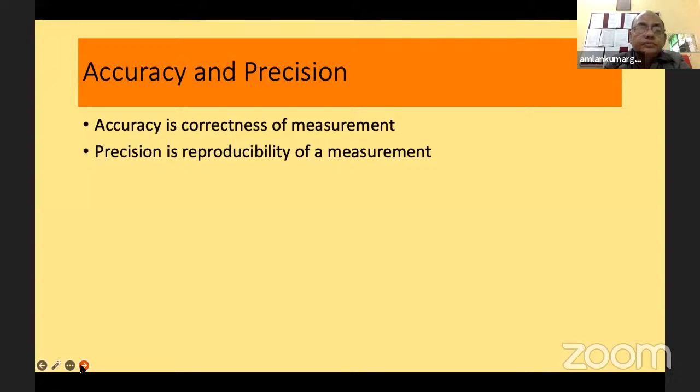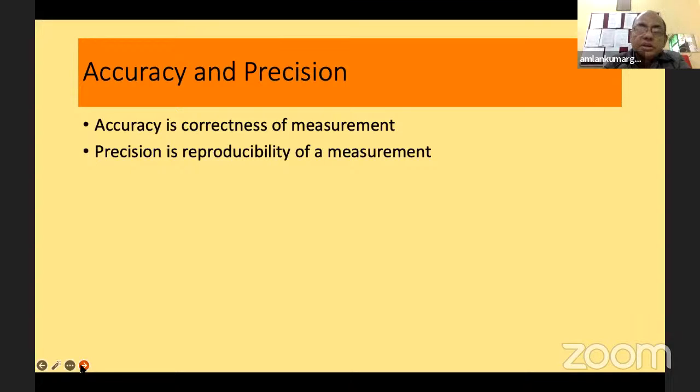For example, if the correct value of any analysis is say 10, I'm leaving out the unit, and an analyst A measures it 4 times, and each time he gets a value of 12. So he has measured precisely. That means each time he has measured, his results are reproducible.